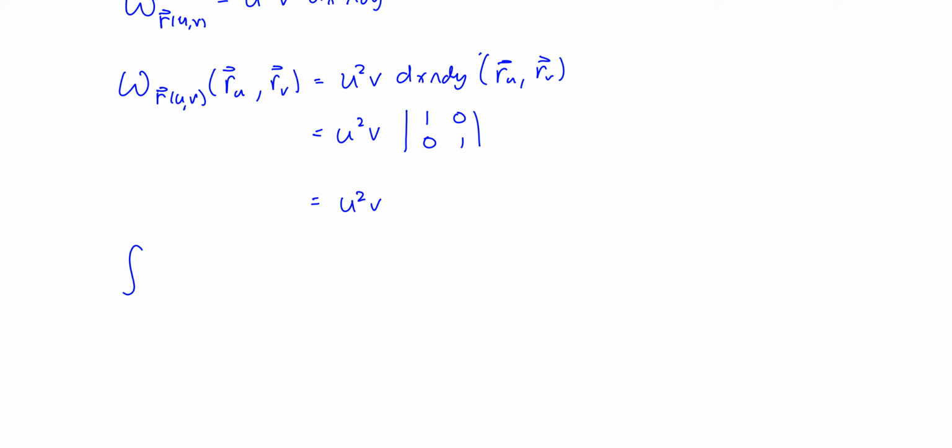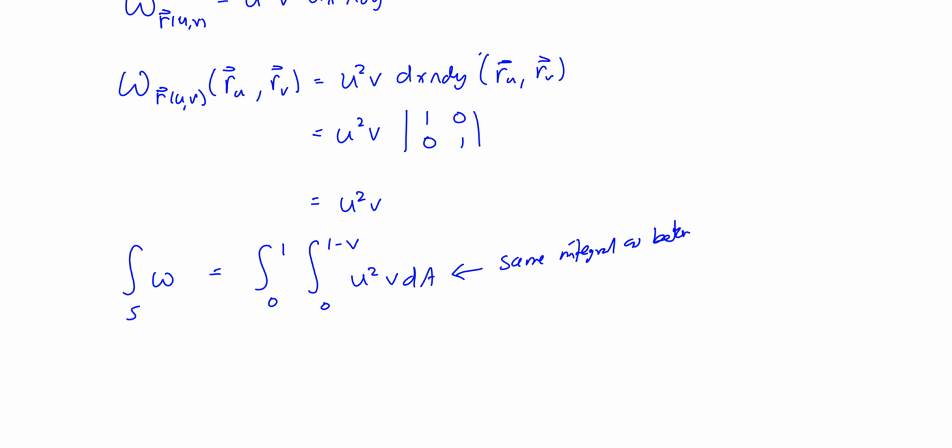So in this new language, the integral over omega is just the integral from 0 to 1, integral from 0 to 1 minus v of u squared v dA. And this is exactly what we had before, the same integral as before, we just switch to u and v.